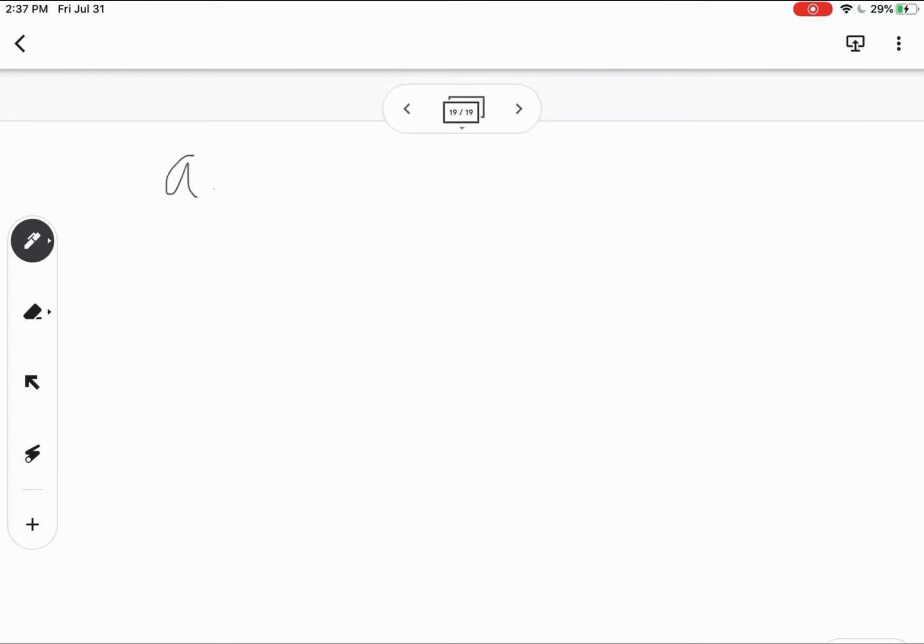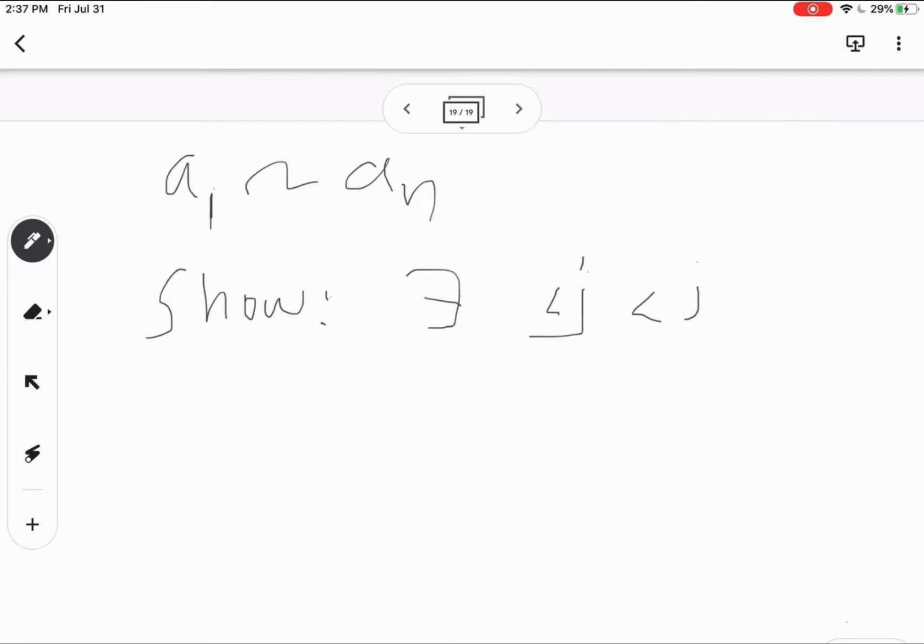We want to show there exists i less than j, between 1 and n, where Ai plus all the way to plus Aj is divisible by n, right?